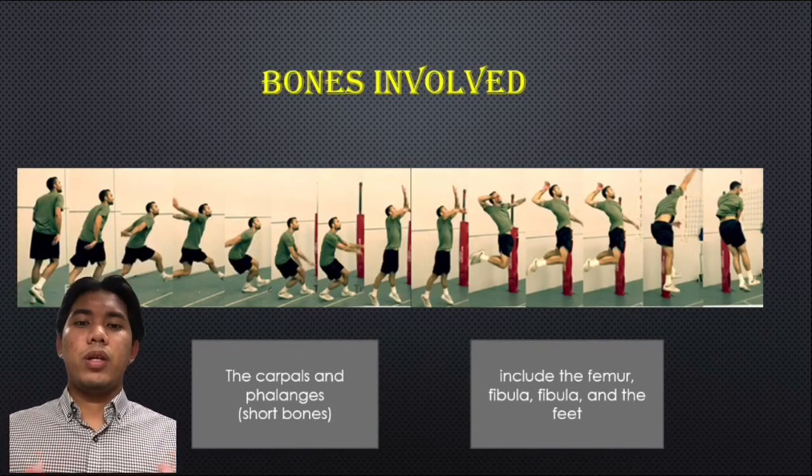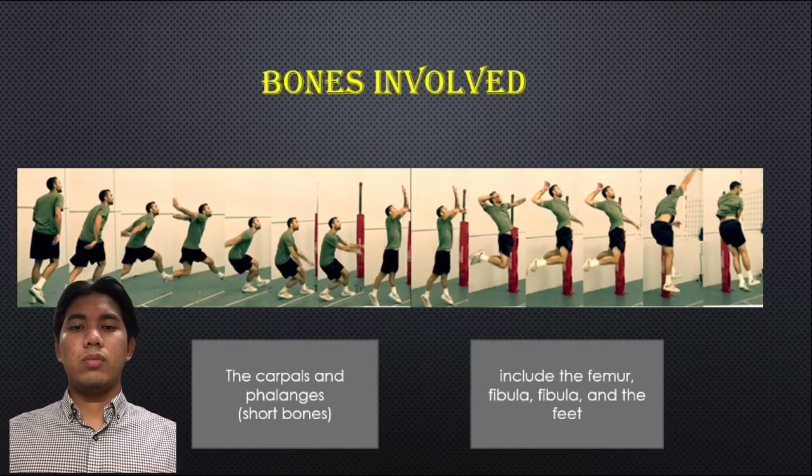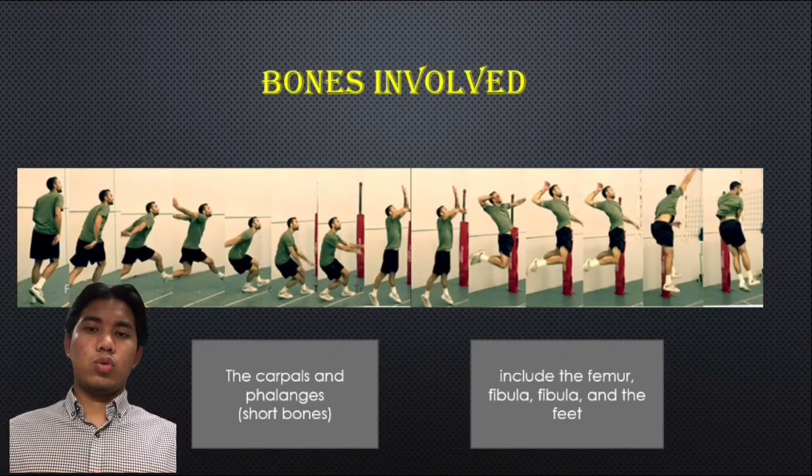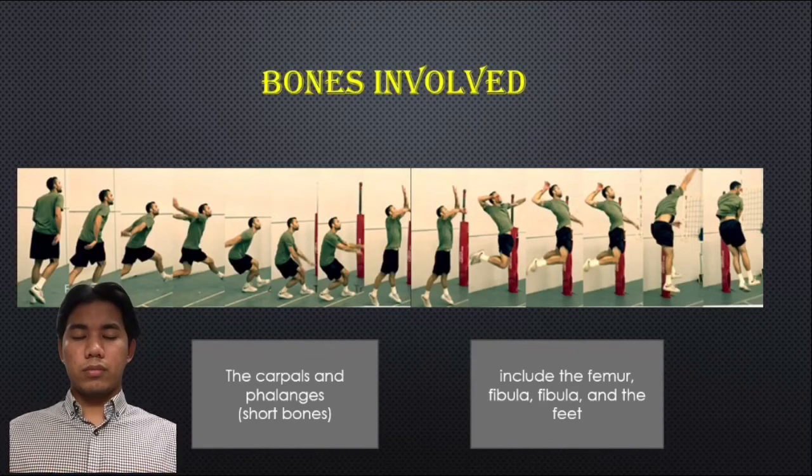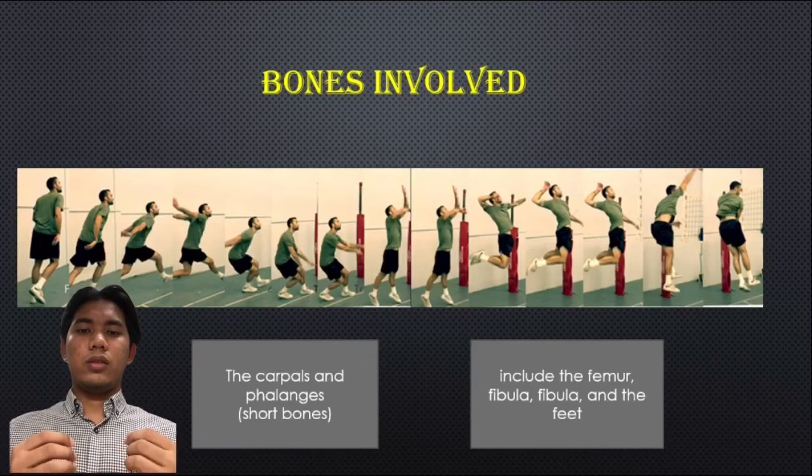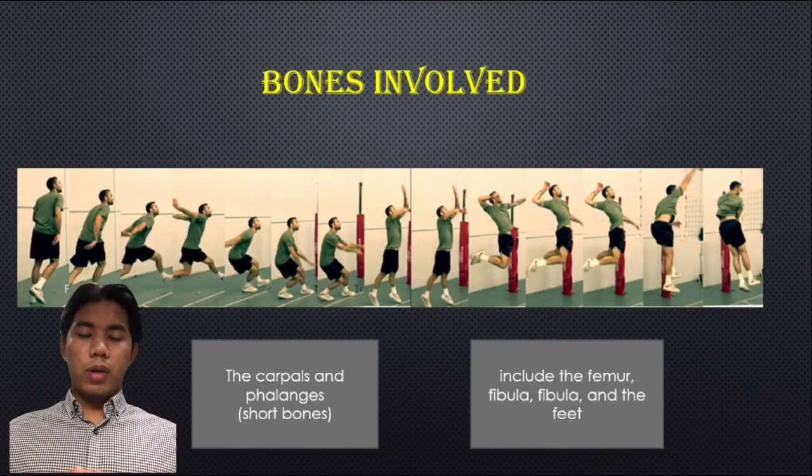Volleyball players also use the bones in their legs to propel themselves upward in order to perform a spike. These bones include the femur, fibula, and the feet, which are made up of metatarsals.